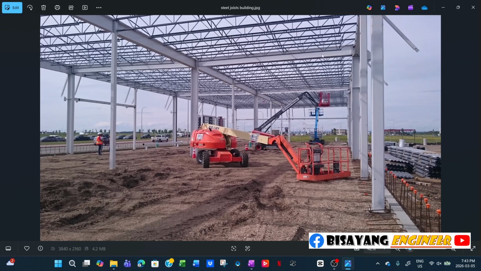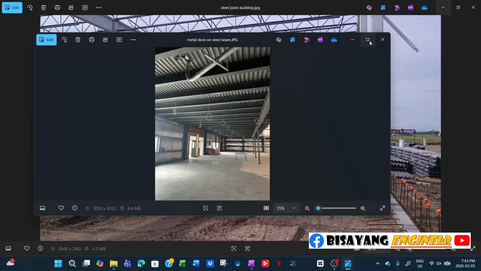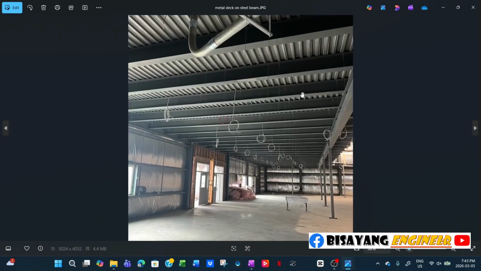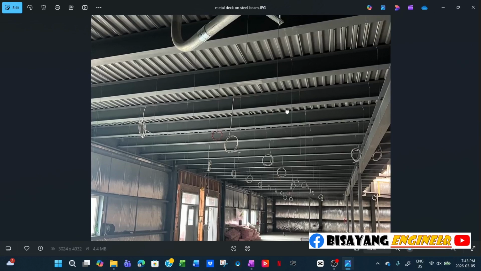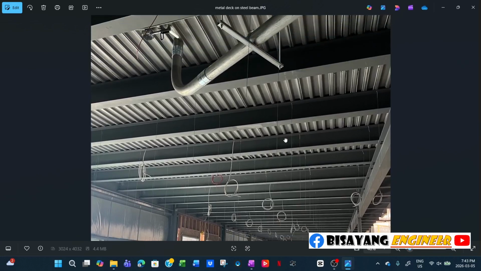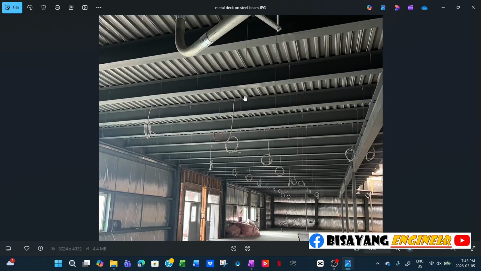There are times that instead of using steel joists, we use steel beams, like wide flange. So this one here. In this particular project, we used wide flange.